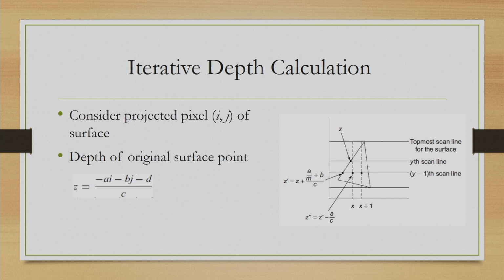Now, let us consider one projected pixel I j of the particular surface. So, x is I, y is j. Now, depth of the original surface point z is then given by this expression, where we replace x and y with I and j. A, B, C and D are constants.